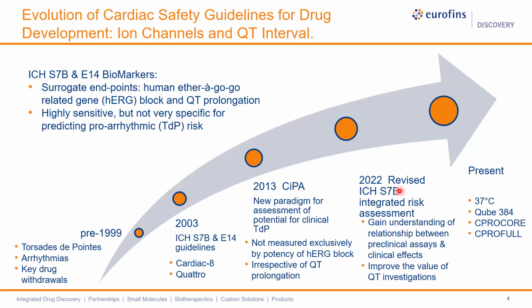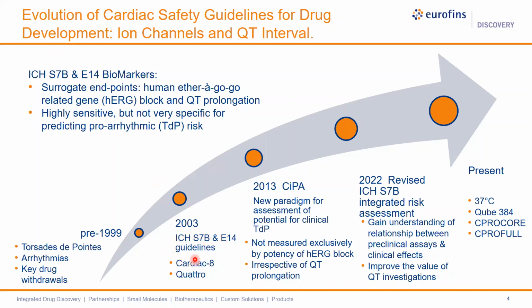This is the evolution of cardiac safety guidelines for drug development in the ion channel view. As we talked about in the previous slide, during the 1990s several key drugs were withdrawn due to arrhythmia and Torsades de Pointes. That's why the FDA and the other global regulators introduced two guidelines, ICH S7B for non-clinical and E14 for clinical.